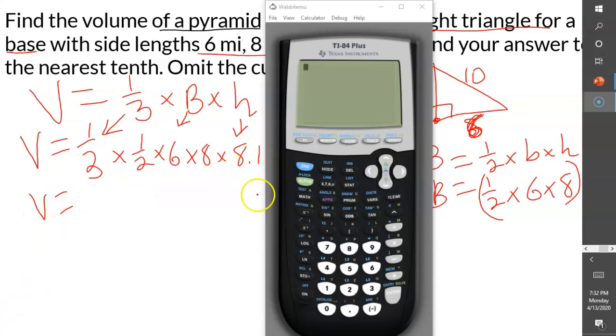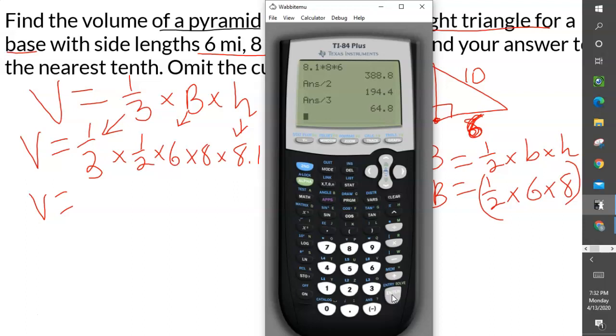I'm going to start from the right, 8.1 times 8 times 6. If you like, you can do times 1/2 times 1/3, but instead of getting fractions, I'll just end this and then divide. Multiplying by 1/2 is the same thing as dividing by 2, so I will divide by 2, hit enter, and then whatever I get, I multiply by 1/3 or divide by 3. So I'm going to divide by 3 because it's easy at this time.